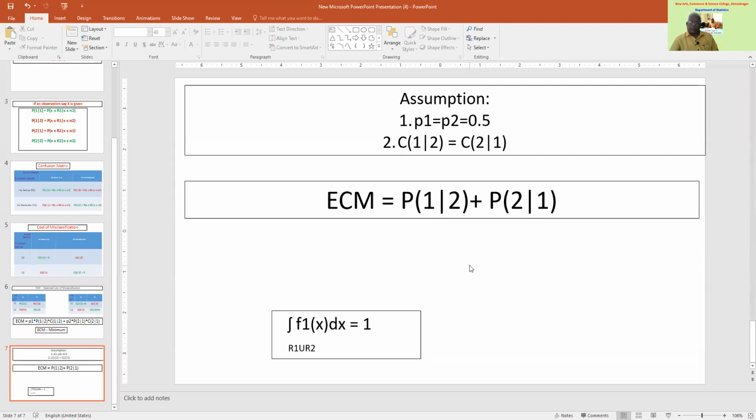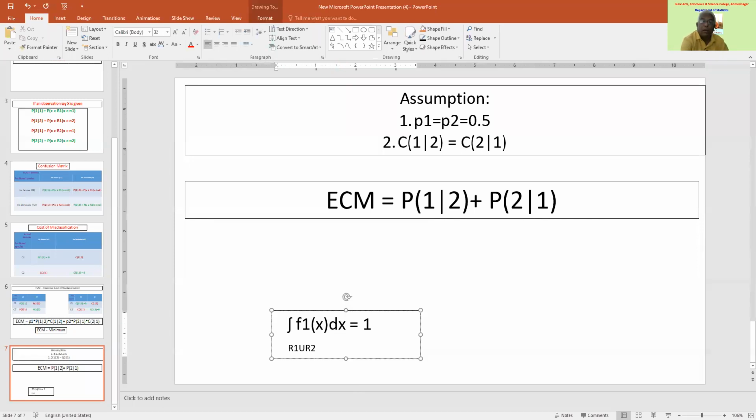Okay. Now, how to find this? See here, how can I write P of 1 given 2? I can write it like this.